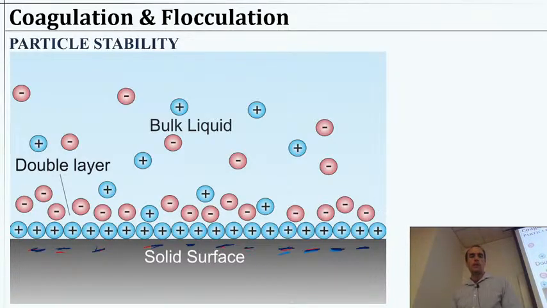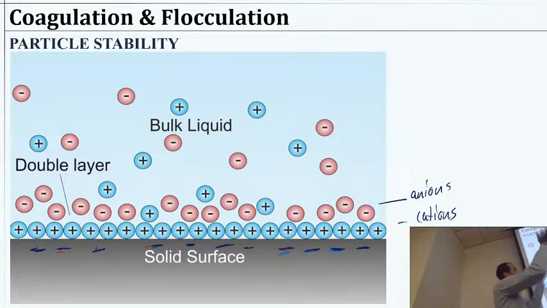Then we get a pretty good layer, and then a next set of anions. So we'd have anions and cations, just positive and negative. And then out further in solution, we just have the bulk liquid, okay? And then the distance here is what we care about. This is again, the electrical double layer.